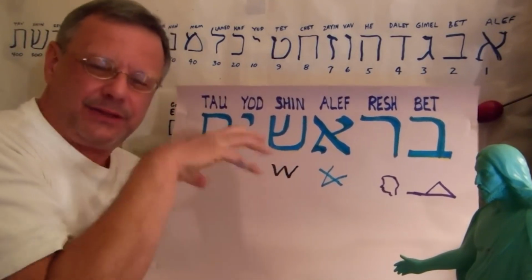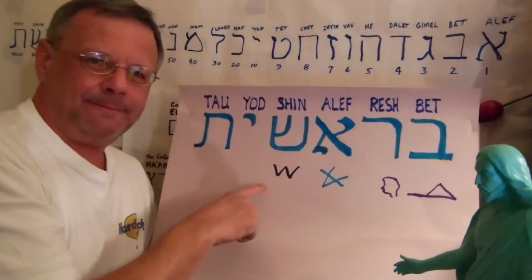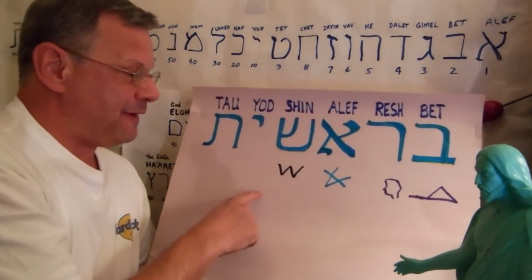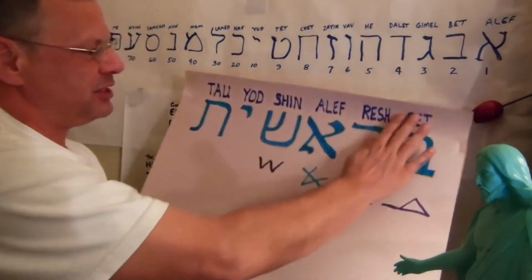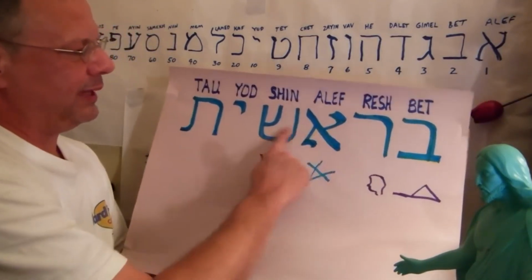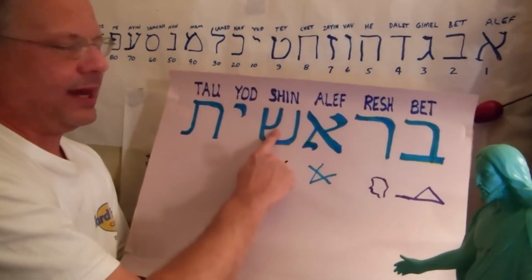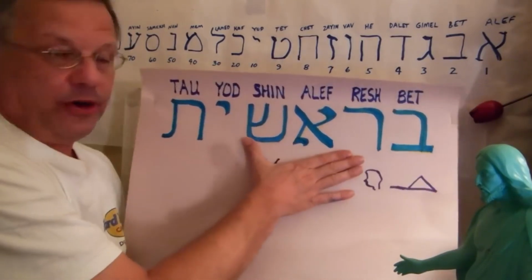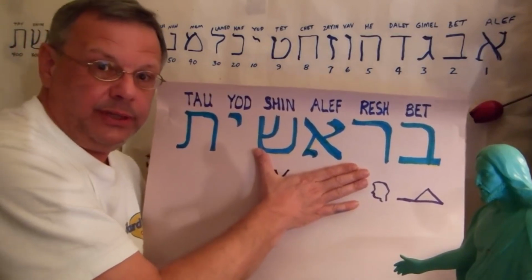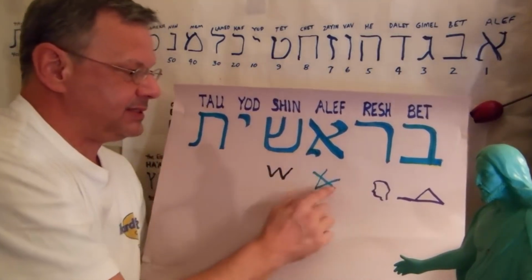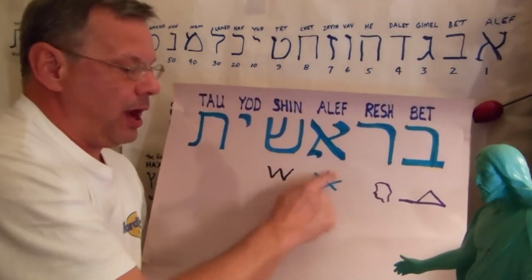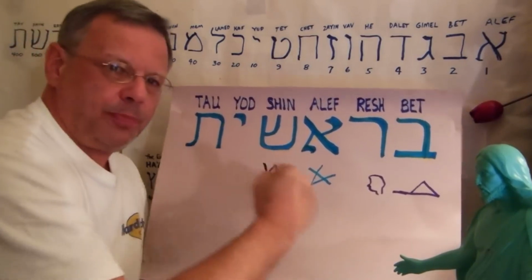Okay? Teeth, destroying. Interesting. In fact, look at this. If you just take these two letters right here, Aleph, Sheen, that is a word in Hebrew on its own. That word is Aleph, strength, strong, powerful.